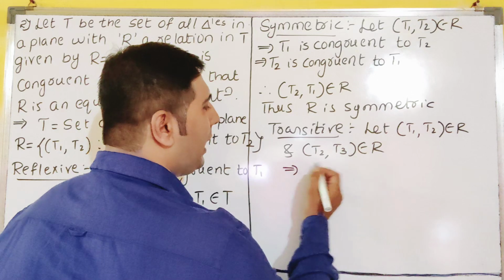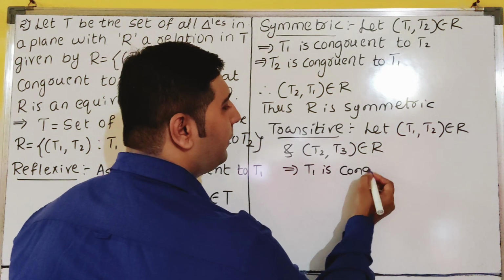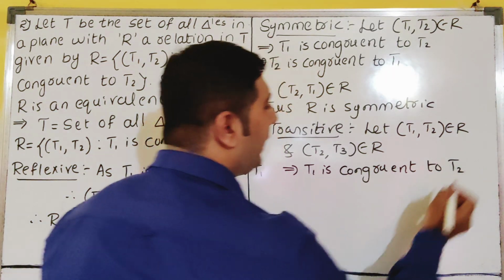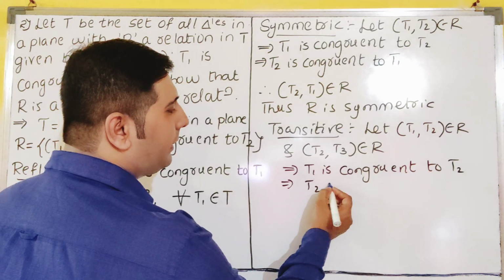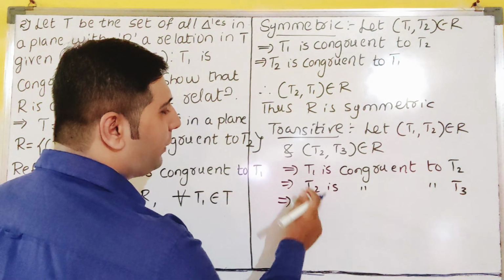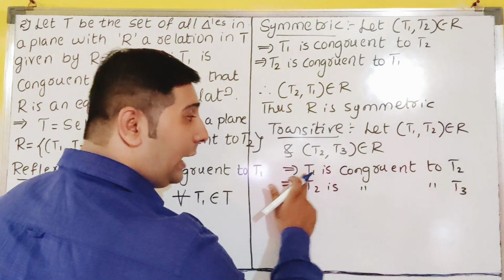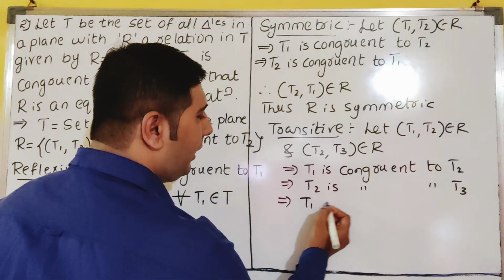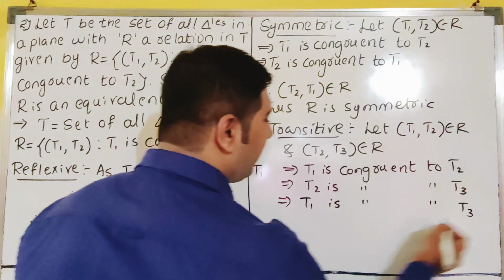Now see. (T1, T2) belongs to R, so T1 is congruent to T2. And (T2, T3) belongs to R, so T2 is congruent to T3. This implies T1 is congruent to T2 and T2 is congruent to T3, so T1 is automatically congruent to T3.